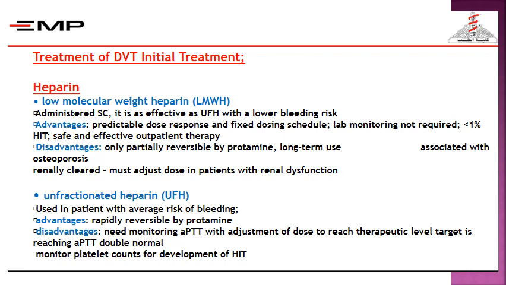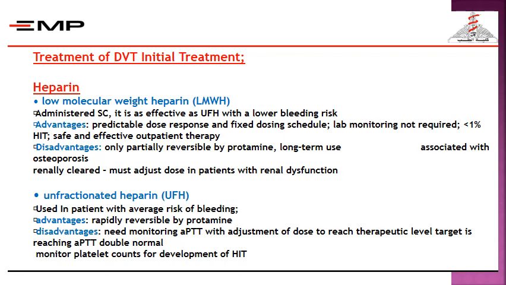In patients with renal dysfunction, it is also dangerous because it needs renal clearance, and may cause overdose because it is not cleared well. So in case of a patient with renal dysfunction, low molecular weight heparin is not recommended.